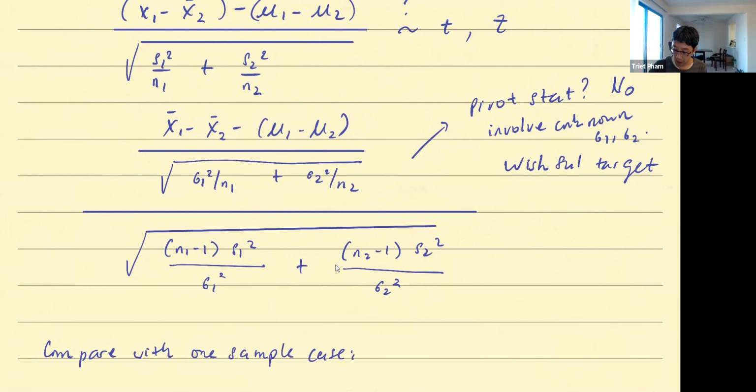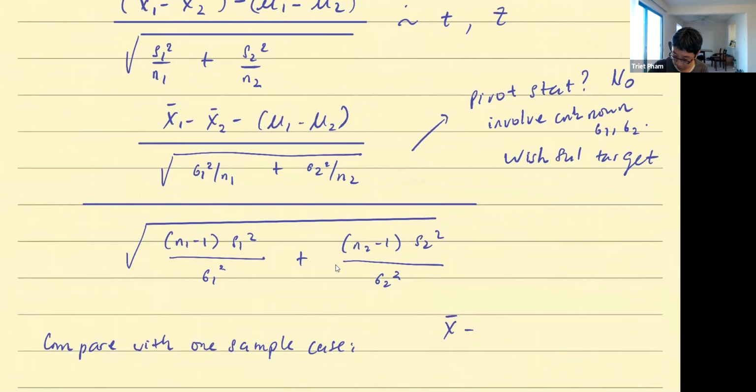In the one sample case, I have x bar minus mu divided by sigma over root n on top. That's what is standard normal.